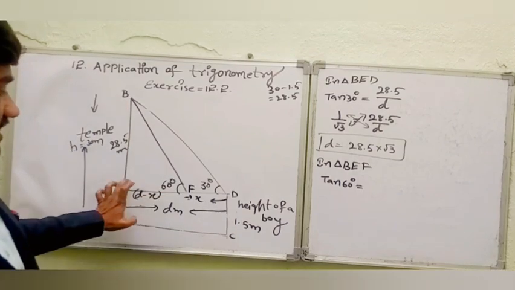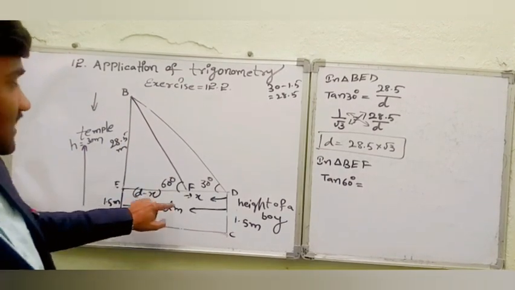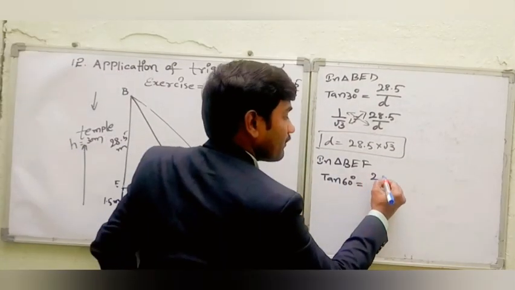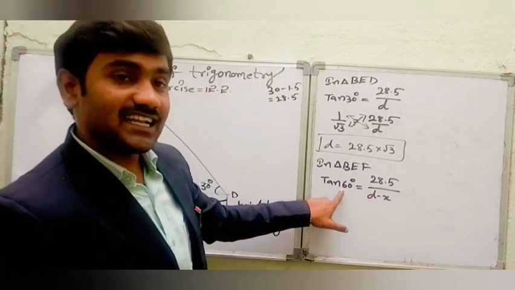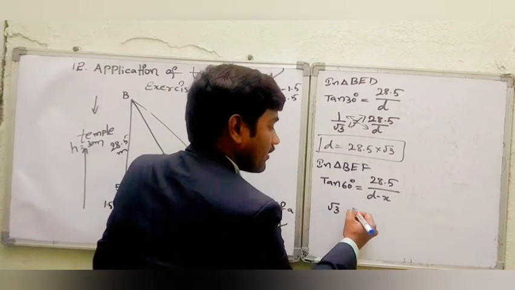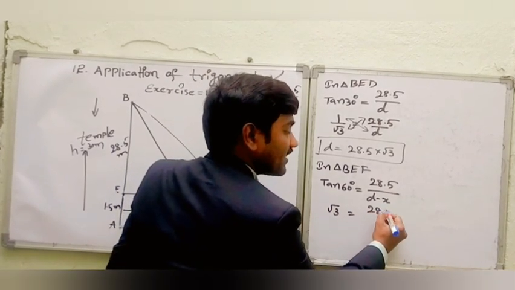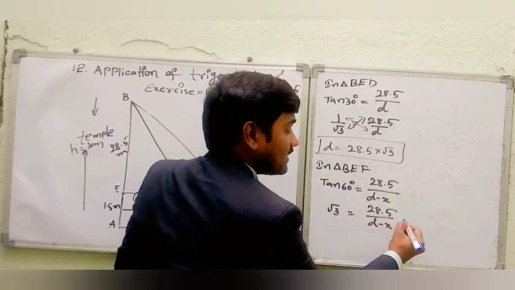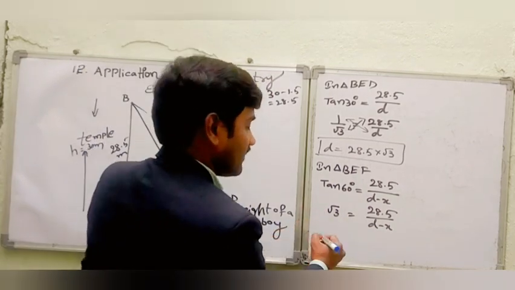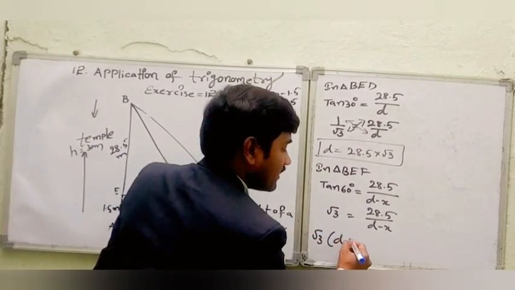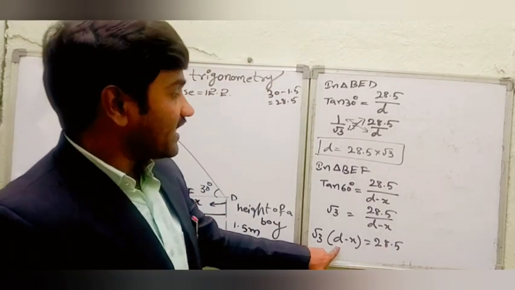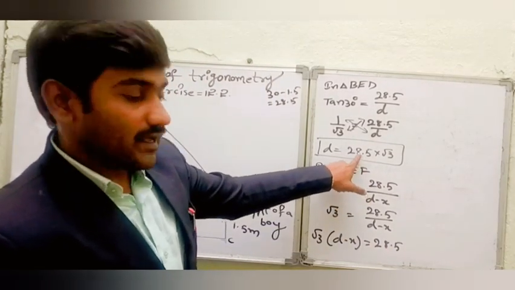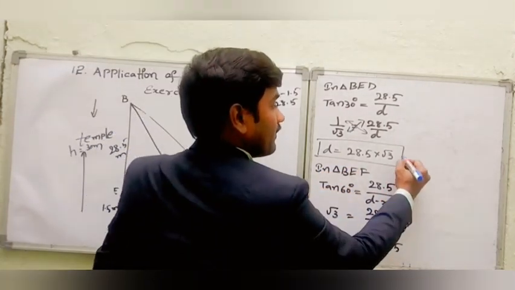Here the adjacent of this triangle is D minus X. So 28.5 by D minus X. Here tan 60 equal to root 3. So root 3 equal to 28.5 by D minus X. Let's do the cross multiplication. What we get here: root 3 into D minus X equal to 28.5. Here we got the D value, so let us substitute D value from 1.